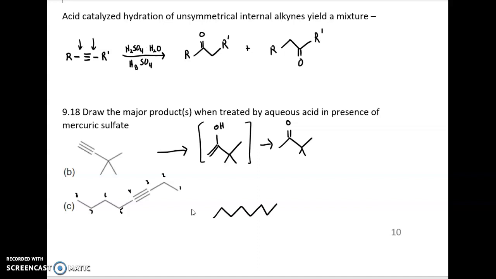And we'll get a ketone on the third carbon. So 1, 2, 3. And we'll get one on the fourth carbon. 1, 2, 3, 4. So those will be our two products.